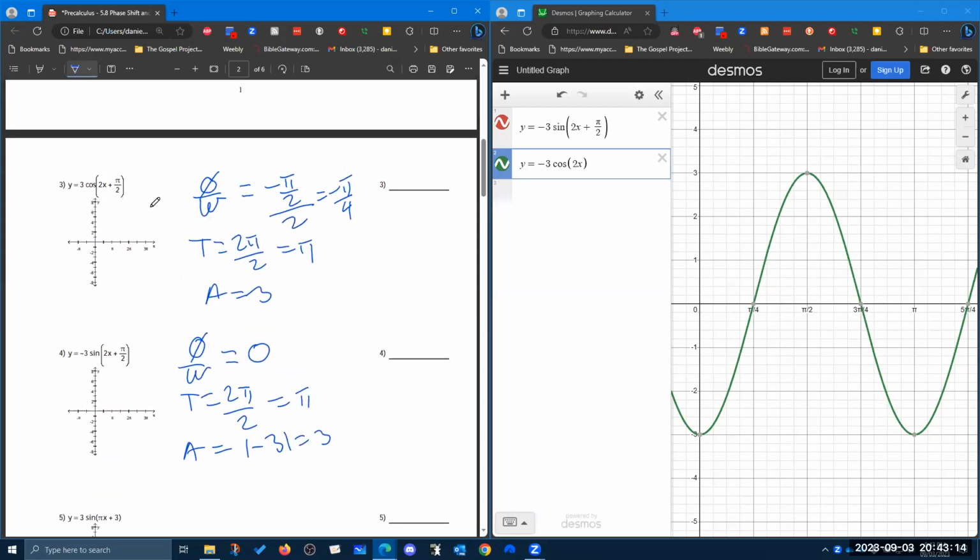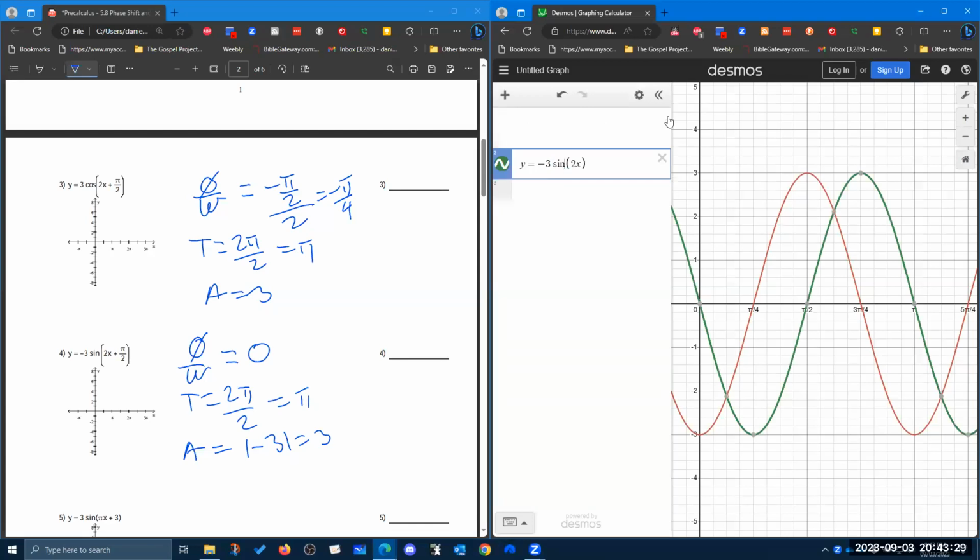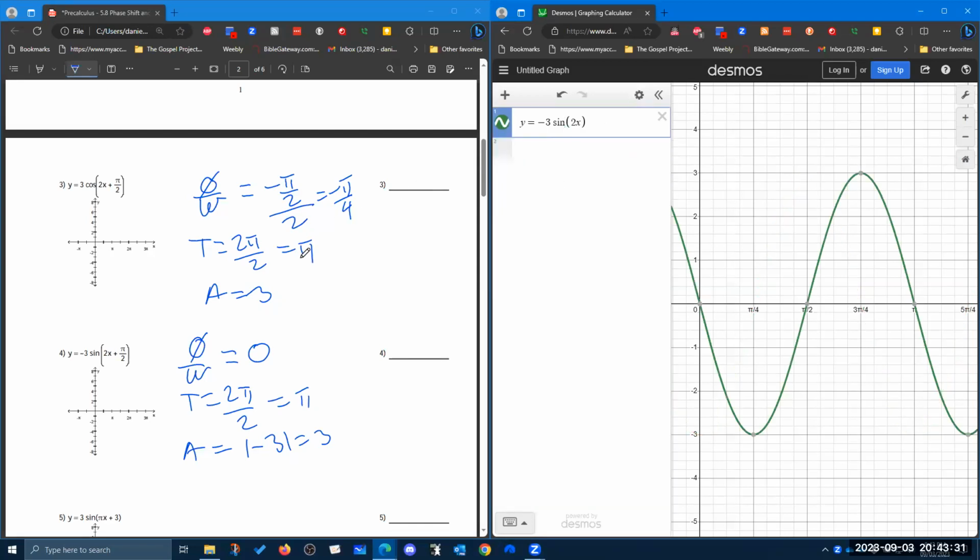Same thing, I would try and simplify this one down here first, and I said that that was -3 sine of 2x when I was looking at that one.